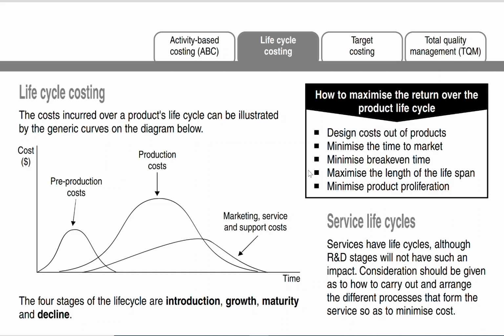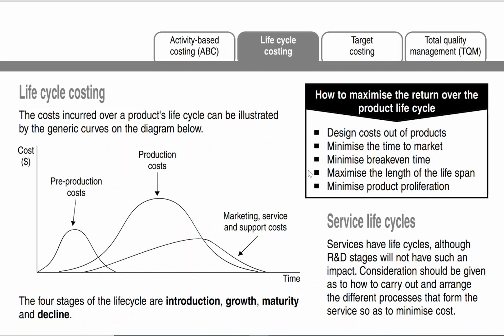So life cycle costing says you shouldn't look at the profitability of a product per unit or in the first year. You should look at the profit over its entire life. A good example of this is a tree. You shouldn't think of making profit from the tree when you initially put the seed in the ground, because for some time you have to water it and give it fertilizer, and after some time it is going to give you fruit.